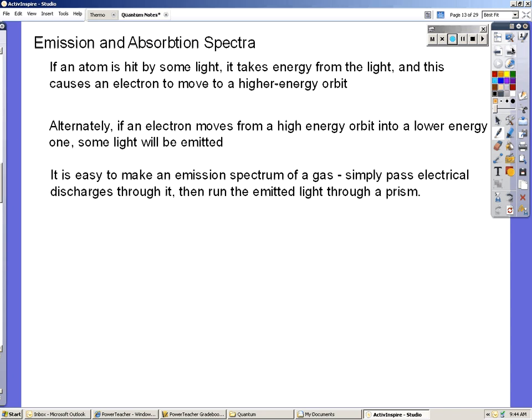Another problem with it comes from something called the emission and absorption spectra of elements. The idea is that if an atom is hit by some light, it takes some energy from the light, and one of the electrons then moves up to a higher energy orbit. And kind of like with gravity in orbits, that means that it orbits further from the nucleus.